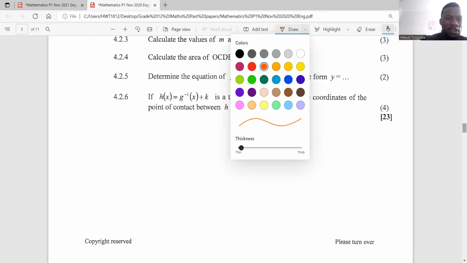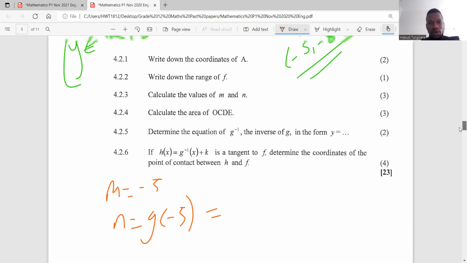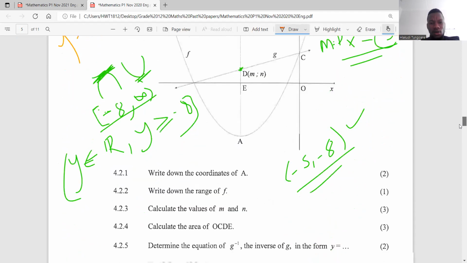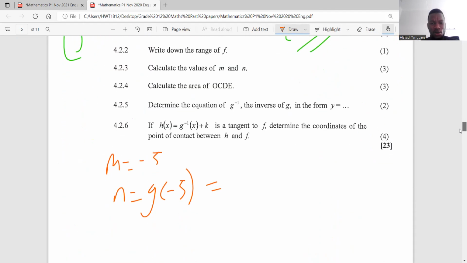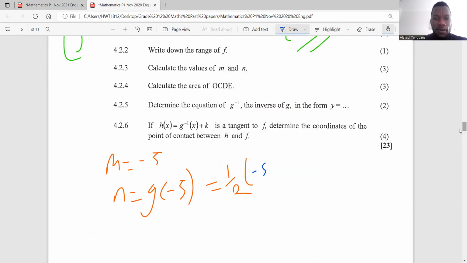So we know that m equals -5, therefore n equals g of -5. If we look into our equation, g of x is 1/2 x plus 9/2. Then we substitute -5: 1/2 times -5 plus 9/2.